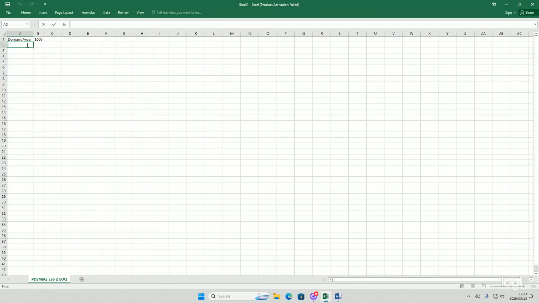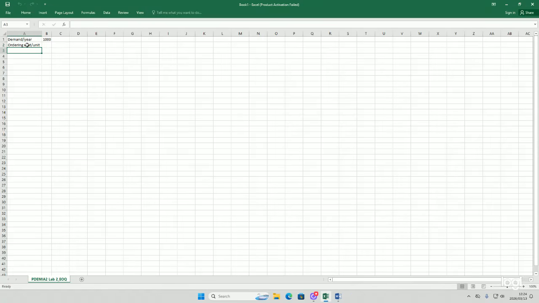We move on, then you have your ordering cost per unit. You see as I press enter, it will adjust. What was our ordering cost per unit? We had 20 in this case.